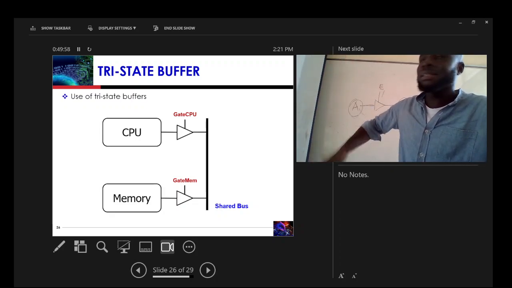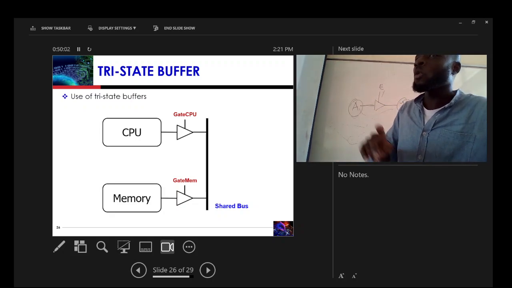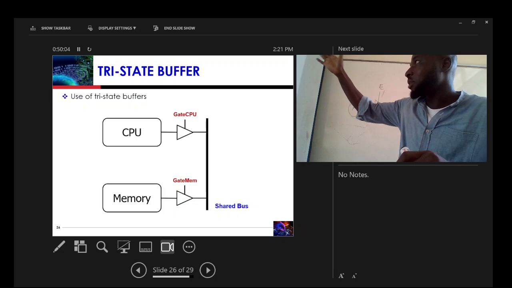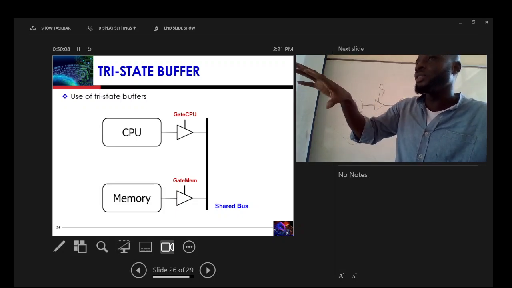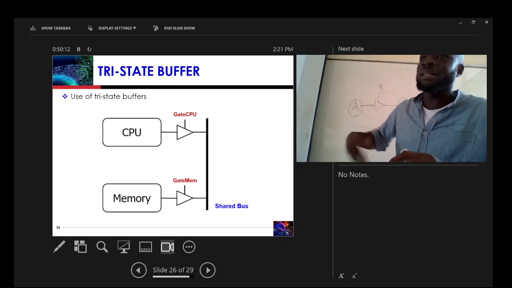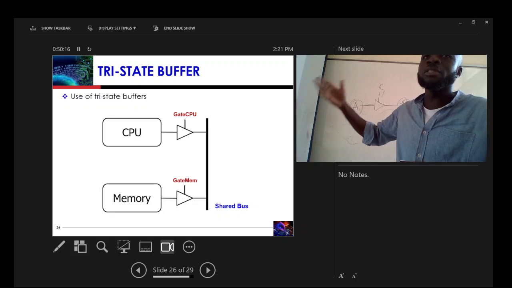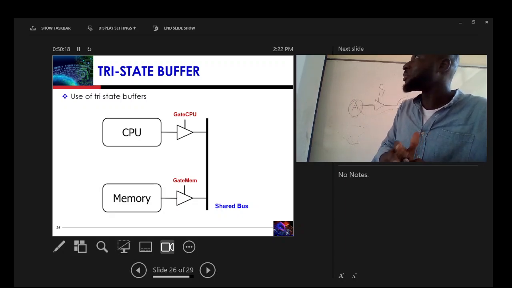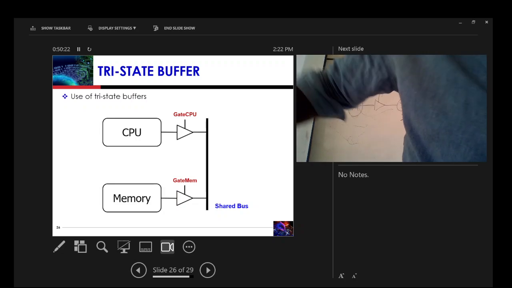The rule is that only one device, either the CPU or the memory, can use the bus at a time. If one is using it, the other must lie idle until the first finishes. So you can use the tri-state buffer here. If the CPU wants to use the bus, all the CPU has to do is set the enable on top there.